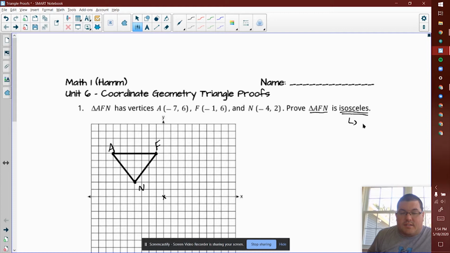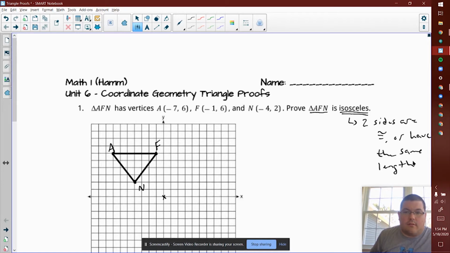Of course, isosceles triangles mean that two sides are congruent, or we could say they have the same length. Well, with the skills that we have, how could we prove that two of these side lengths are the same?